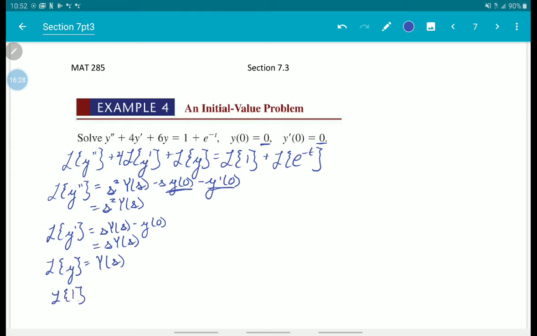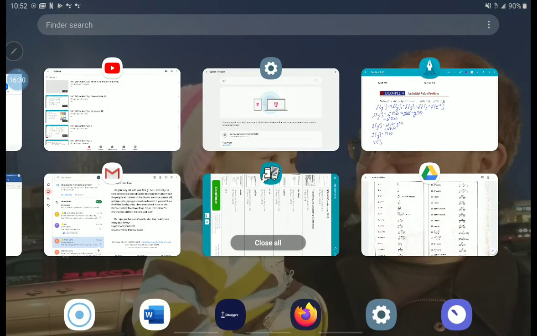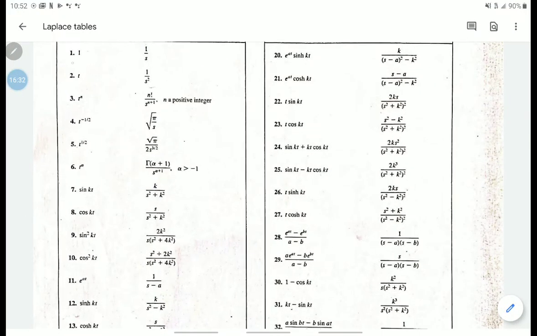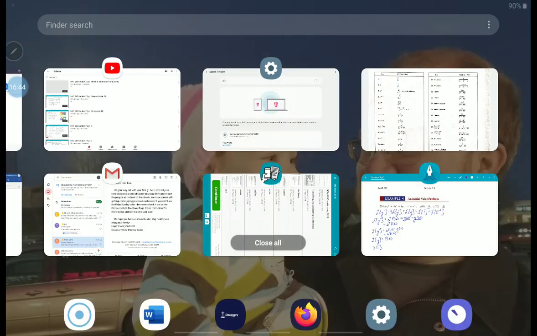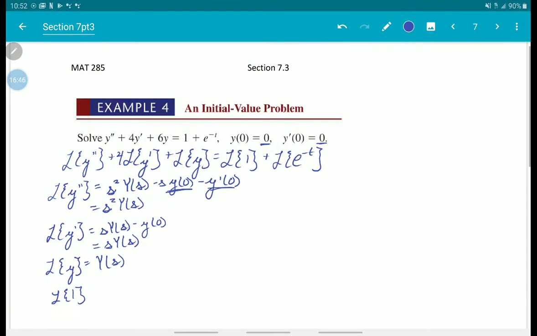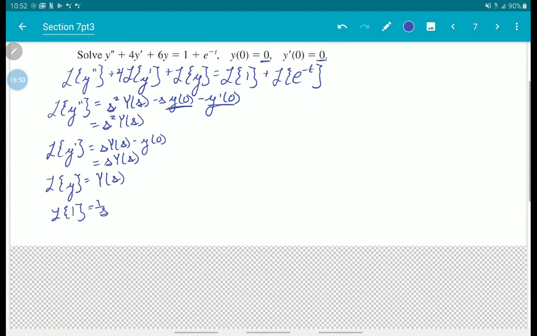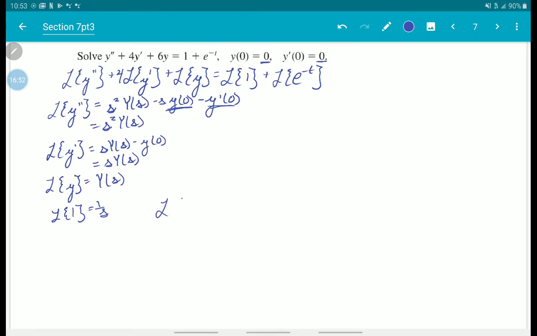Laplace of 1, if we go back to our cheat sheet here, the Laplace of 1 is 1 over s. And then we're going to need the Laplace of e to the negative 1t, which is going to be 1 over s plus 1. I'm going to write that one over here.